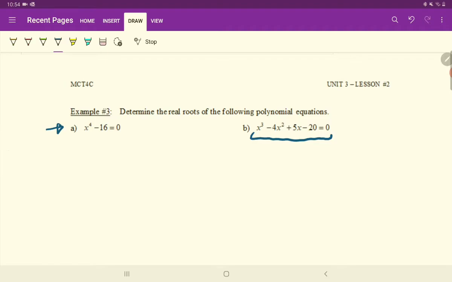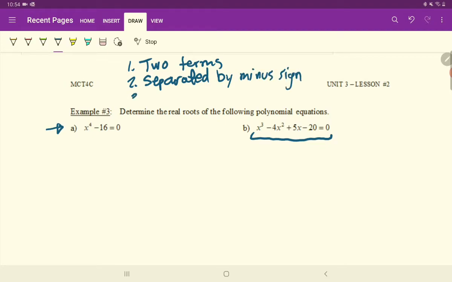First off, there should be two terms. They should be separated by a minus sign. Remember the word difference of squares. Difference meaning minus. So separated by minus sign.